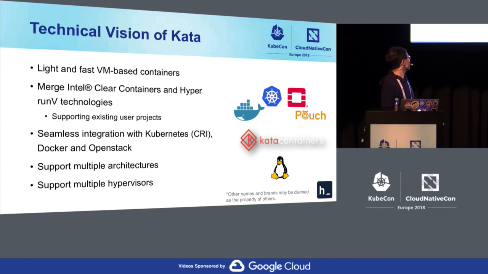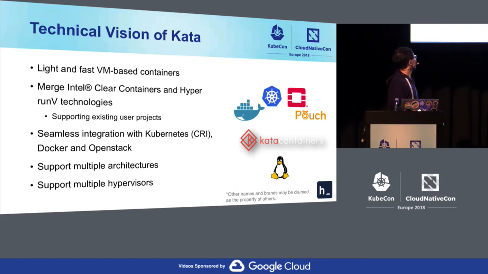So we could make it fast in Kata Containers, and we will try to support existing user projects, with seamless integration with Kubernetes via the CRI interface and with Docker and other OpenStack projects.